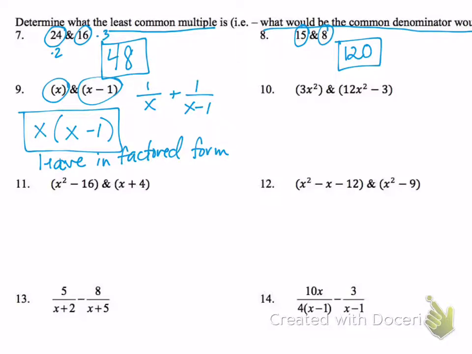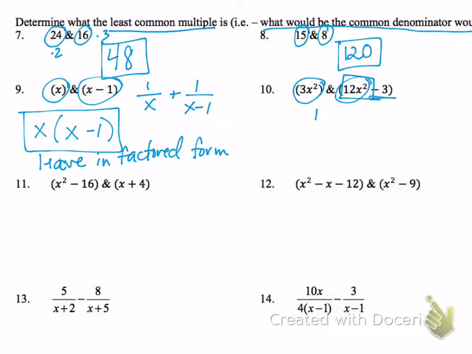So for this one, these both have 3 and x squared in common, but this minus 3 is kind of by itself. If I were to take a 3x squared out of 12x squared, I would be left with 4, right?